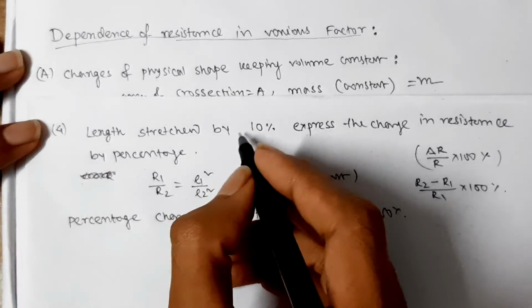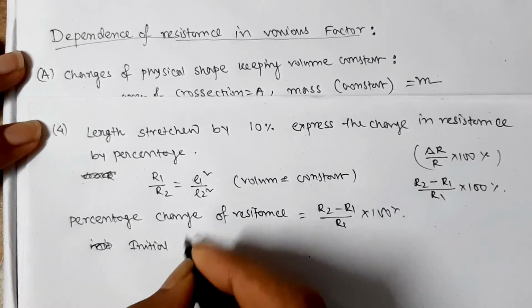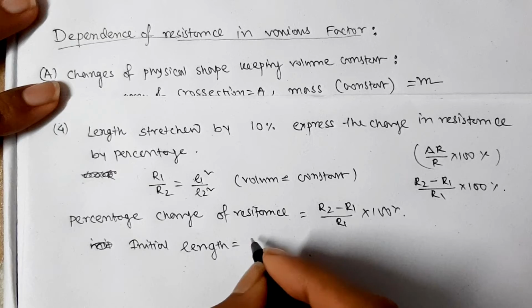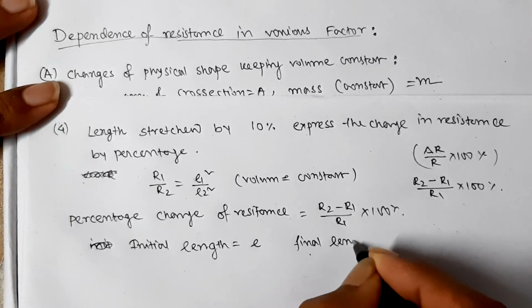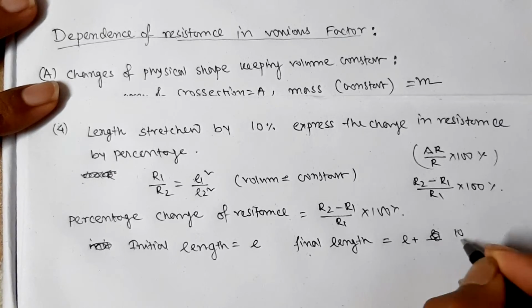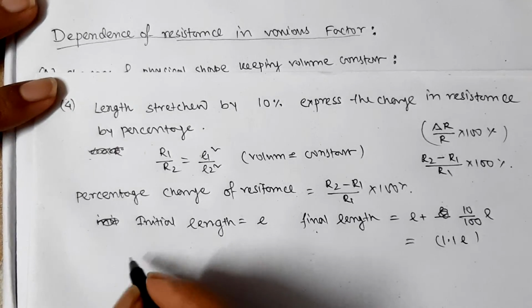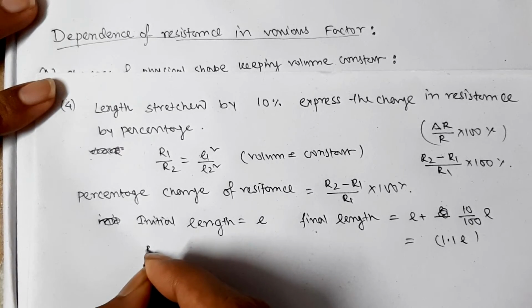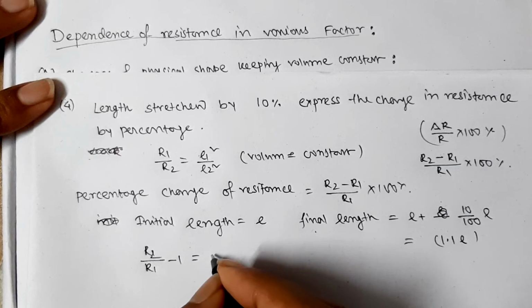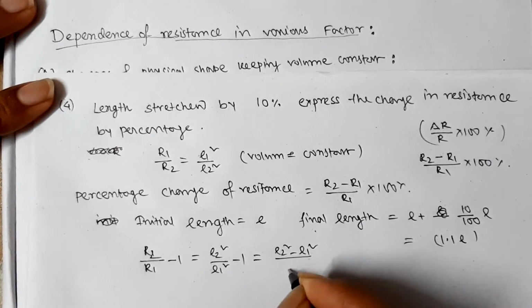Because we know that the initial length is equal to L. Final length after stretching by 10% is equal to L plus 0.1 L, so this is 1.1 L. So we do this: R2 by R1 minus 1 is equal to L2 square minus L1 square by L1 square.